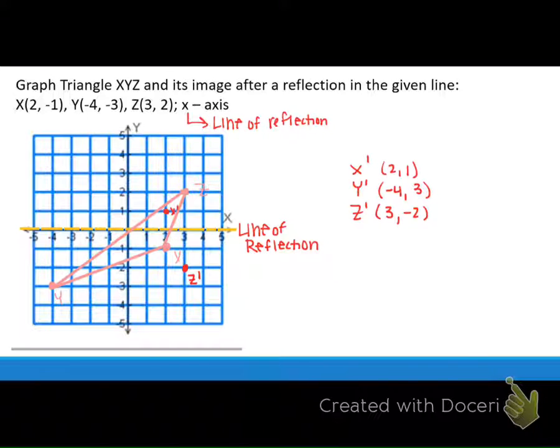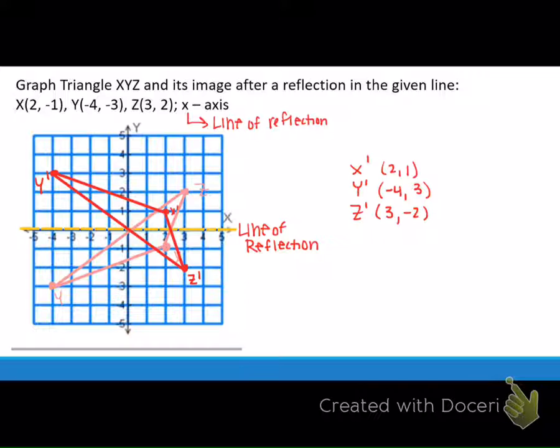So what do you guys notice about this one? What do you notice about the signs and everything on this one when it's reflecting over the x-axis? Melinda, you notice something? It crosses each other. They do cross each other just because they're on opposite sides. But what do you notice about the points? The y is like multiplied by -3. Yeah, it's just an opposite, right?